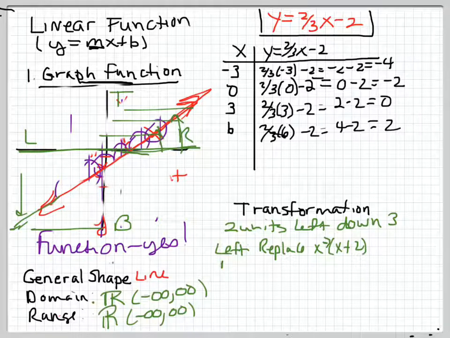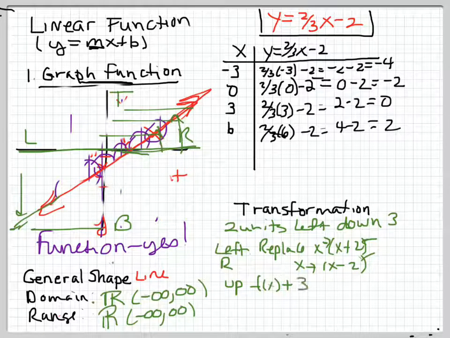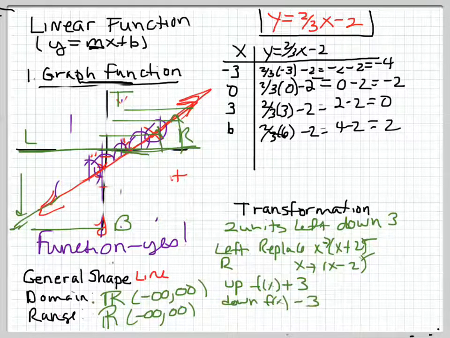When you move the graph right, you're going to replace x with x minus 2. When you move the graph up, whatever your original function is, you're going to add the amount you want to move it up to the back, and when you move it down, you're going to subtract the amount you want to move it down to the back.